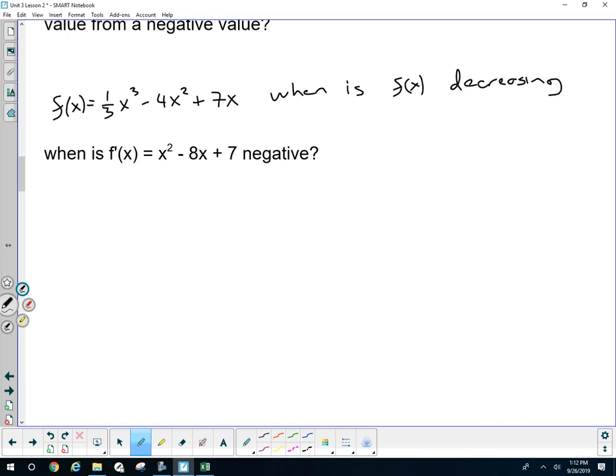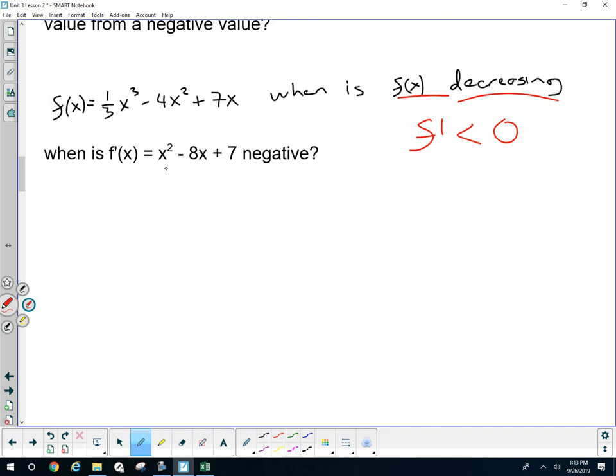Looking at your notes, discussing with the neighbors, how do we tell if something is going down or decreasing? What is less than 0? The derivative. Okay. So you are going to be looking for when this function's derivative is negative.